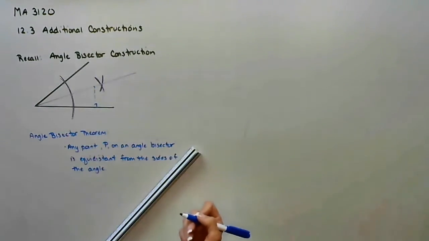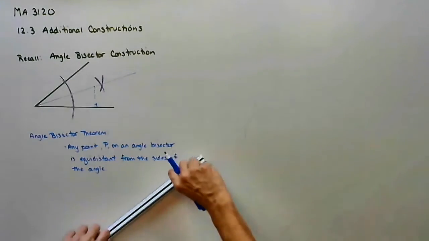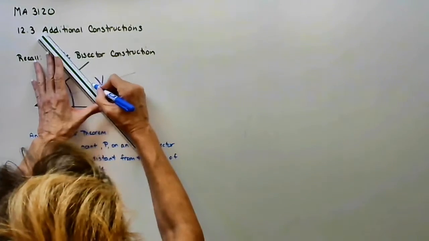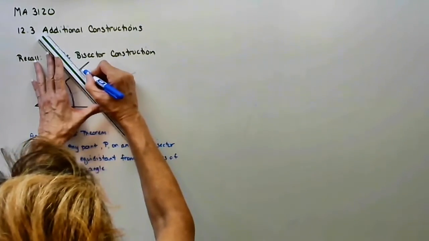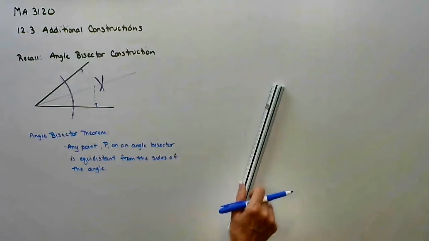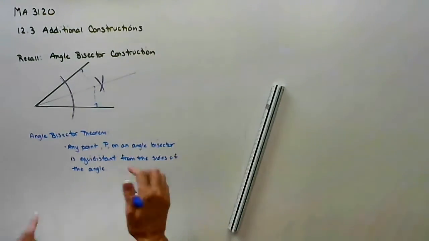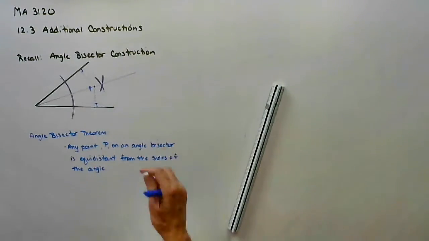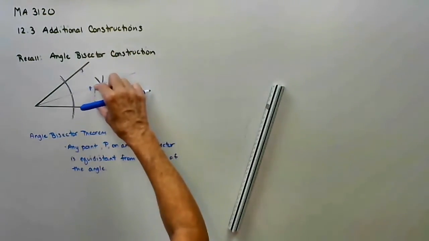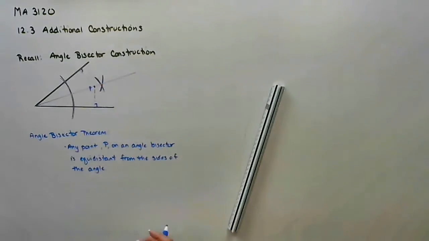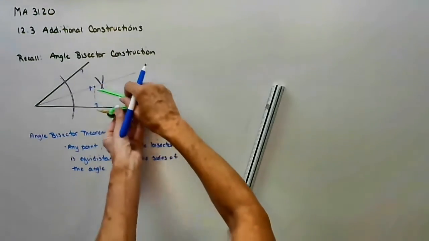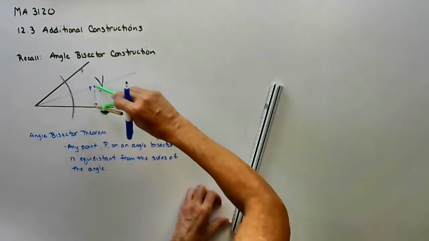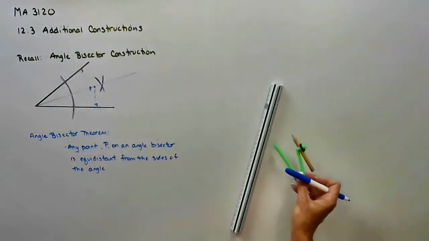And I guarantee you that distance will be the exact same distance as the perpendicular line segment going the other direction. That's what it's saying. Any point along that bisector will be equidistant. These two lengths are congruent, right? We talked about how to create a perpendicular the other night, but you can notice those are congruent. They're the same length.